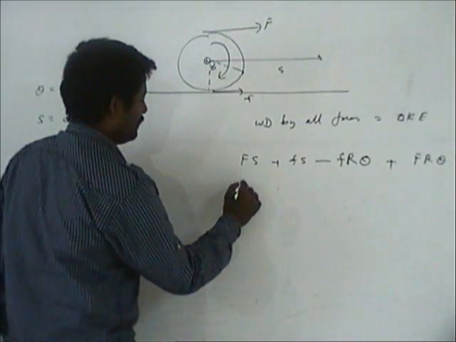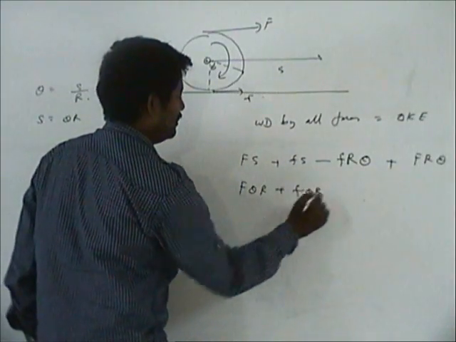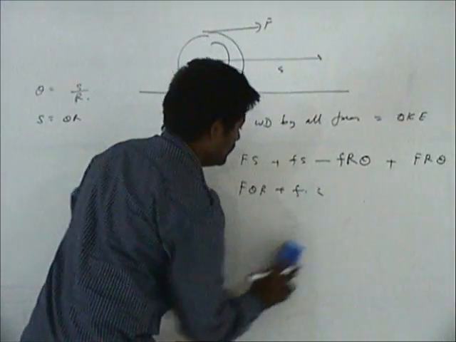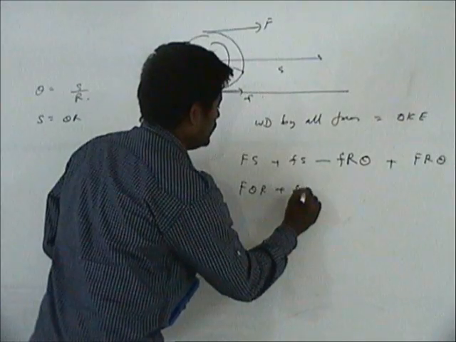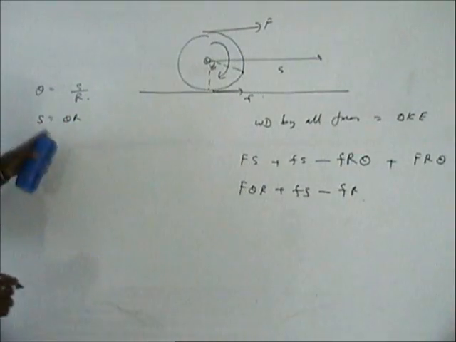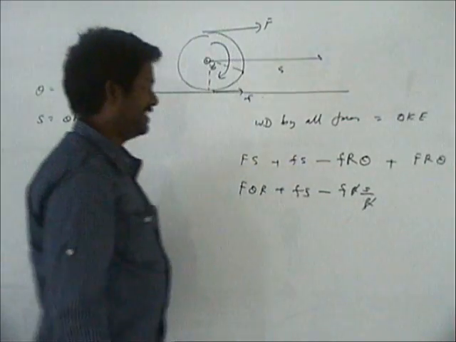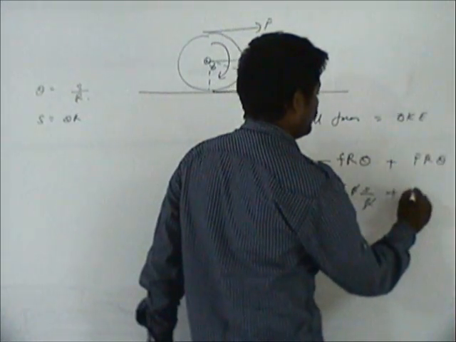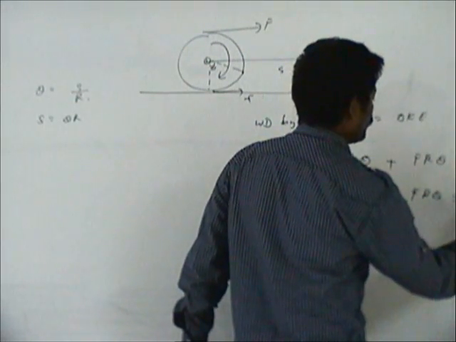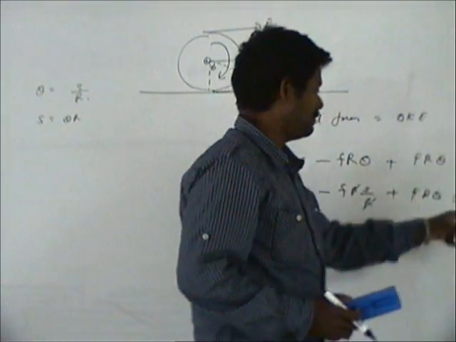So S can be written as theta r. Therefore S is theta r, plus S is again theta r. Or simply I can leave this as F s to simplify it in an easier way, minus F r, theta is S by r, so I can cancel r, that equals plus F r theta equals 3 by 4 m v square, because half m v square plus half m v square gives 3 by 4 m v square.